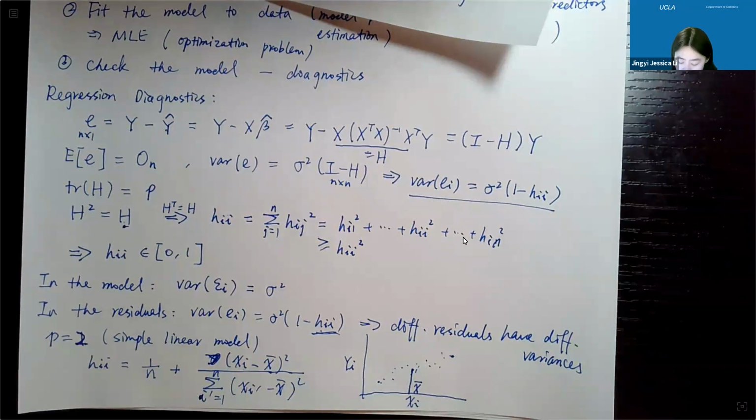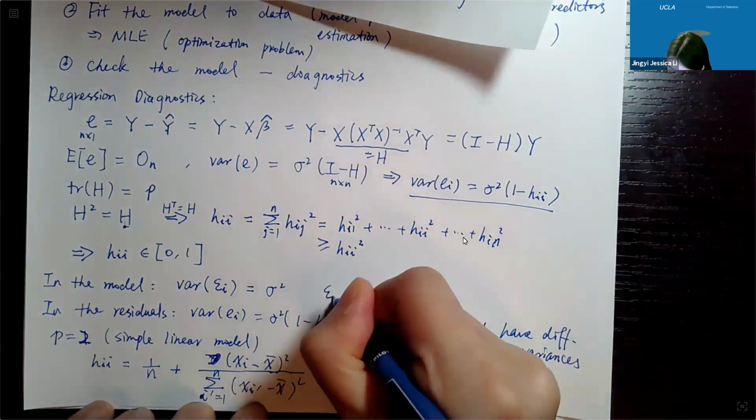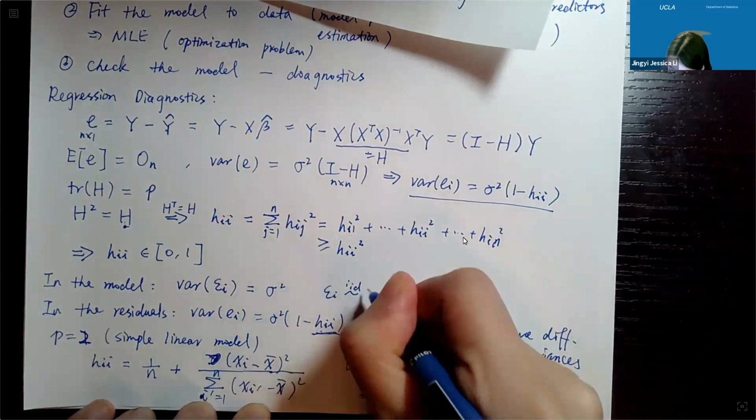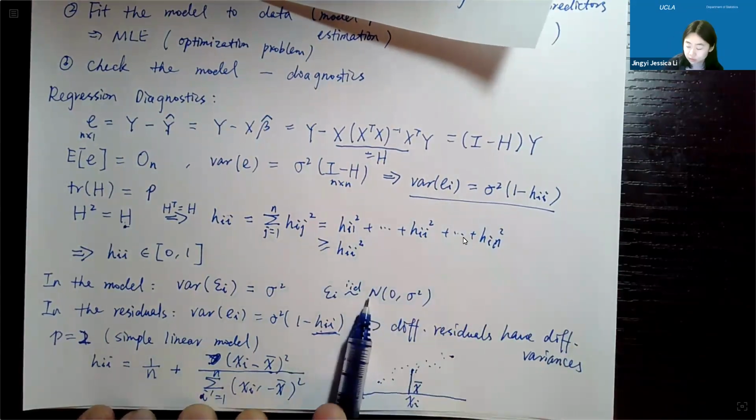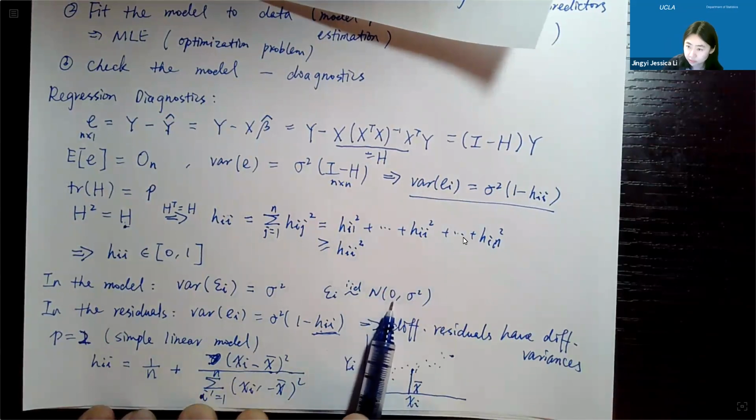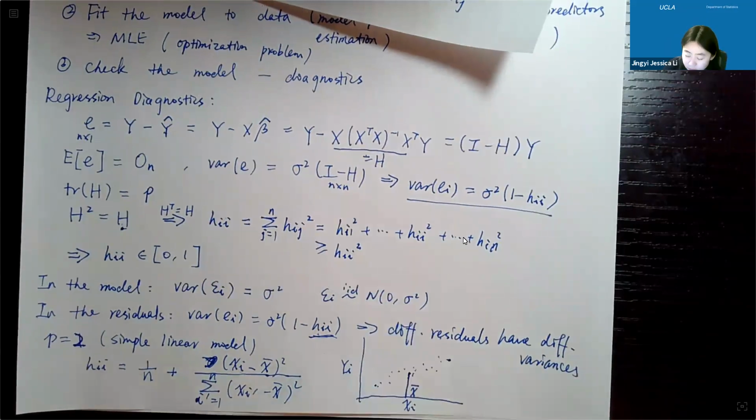Okay, that's it. Now, realizing that the residuals have different variances, a standard check is to check whether the residuals behave like normal distributions. Let's remember the key thing: epsilon_i follows a normal distribution with zero mean and constant variance sigma squared.